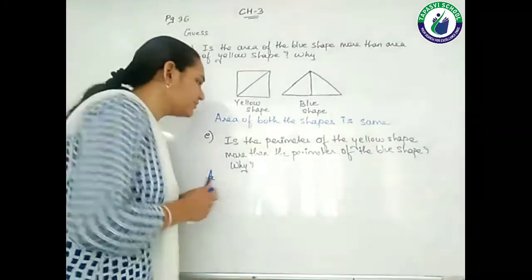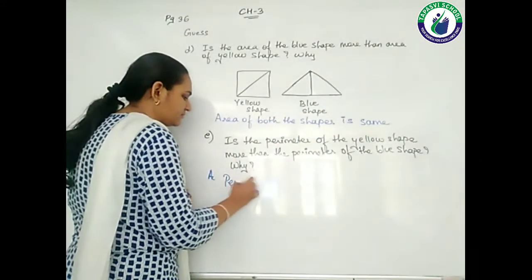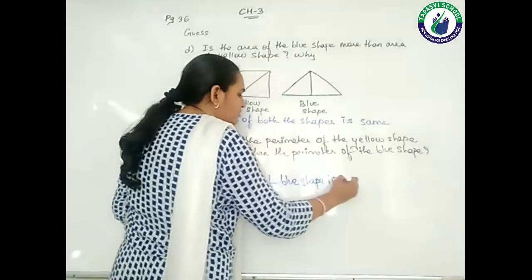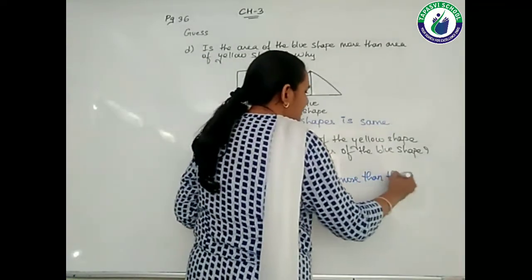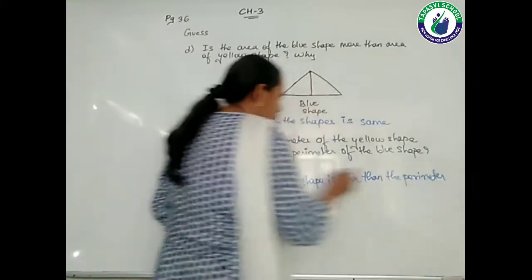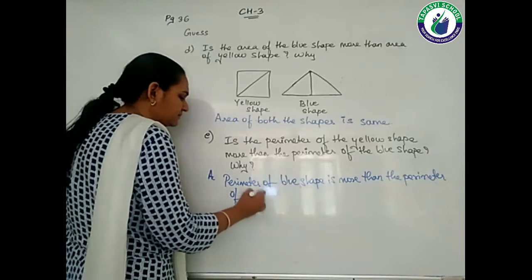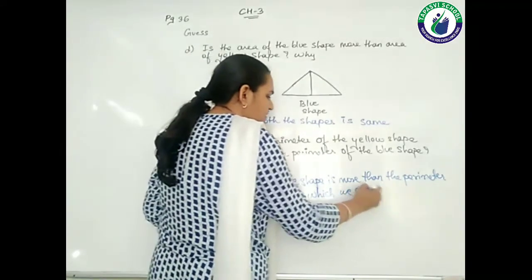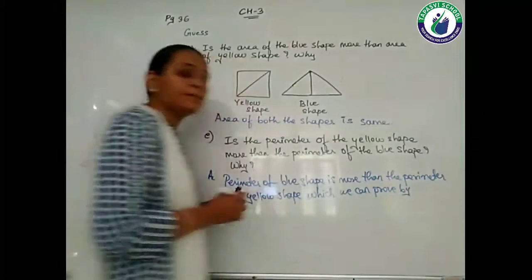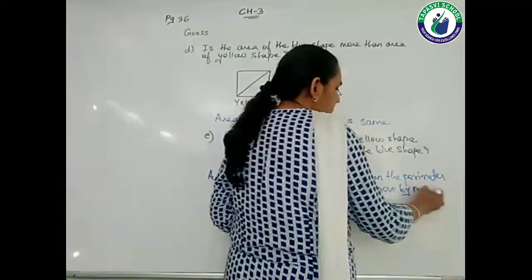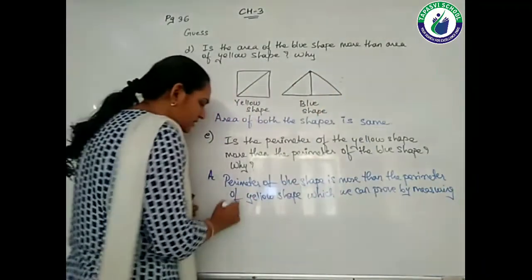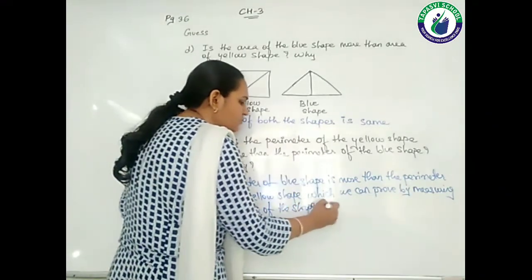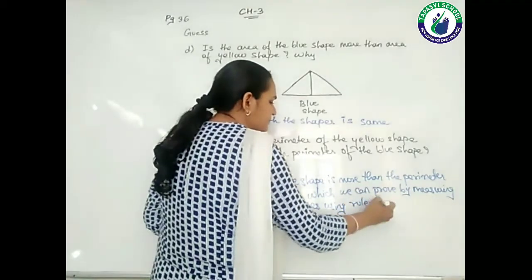Okay students, now I am writing the answer for the perimeter: perimeter of blue shape is more than the perimeter of yellow shape, which we can prove by measuring the sides of the shape using a ruler. Is it okay?